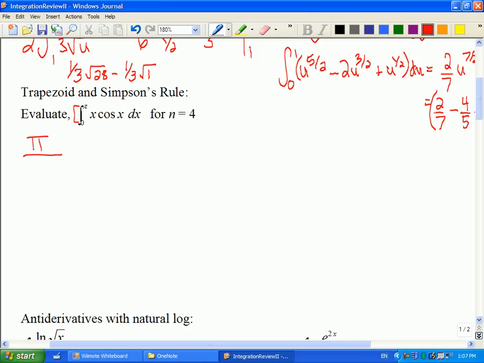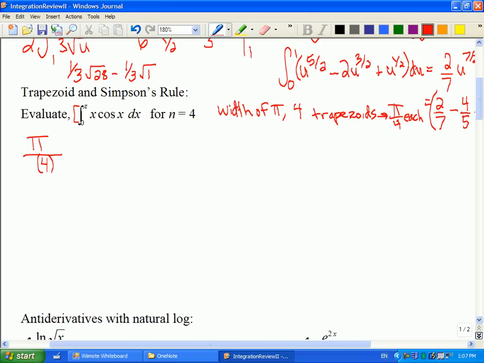If I have a width of pi and I have 4 trapezoids in this case, that means I can factor out a pi over 4 for each of them. That'll be the width for each trapezoid. So that's what gets factored out here, pi over 4.